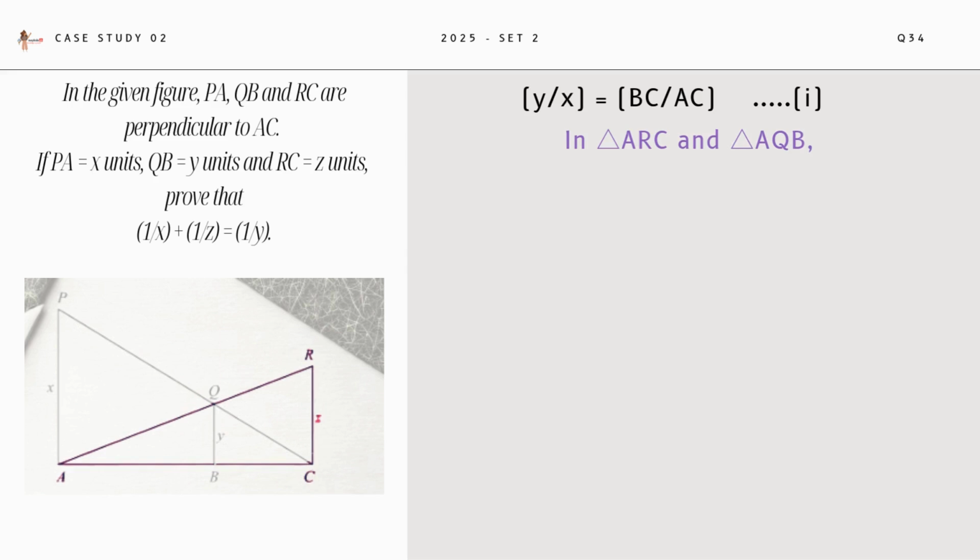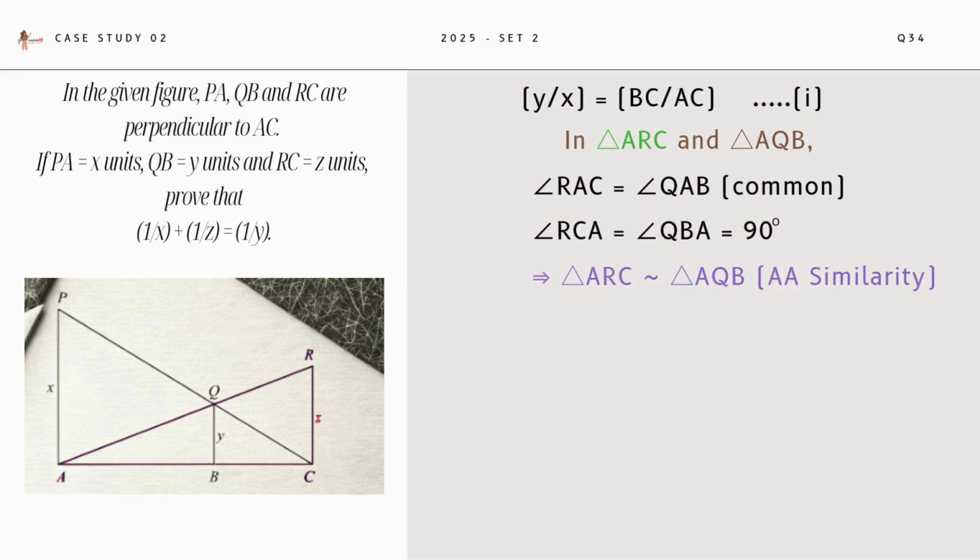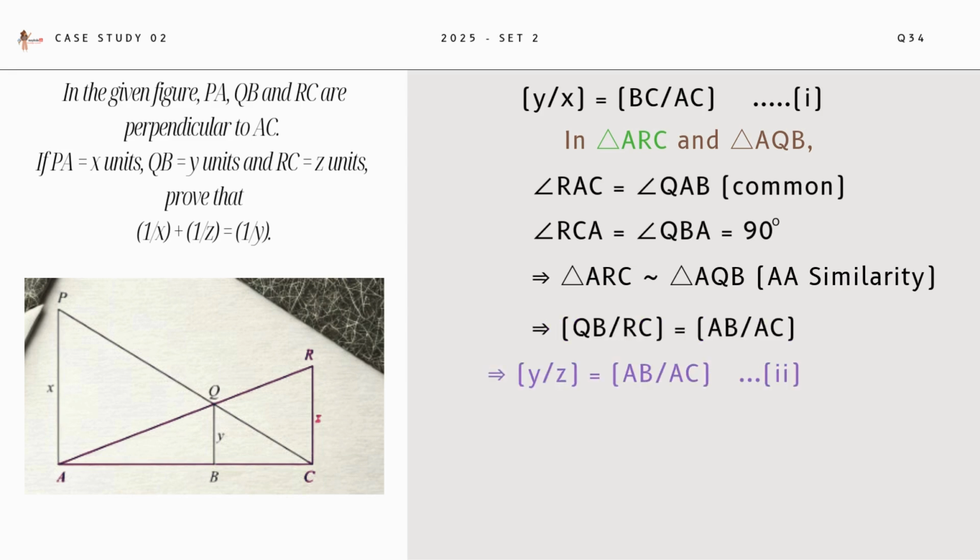Similarly, in triangle ARC and triangle AQB, angle RAC is equal to angle QAB, common angles. Angle RCA is equal to angle QBA, each equal to 90 degrees. Therefore, both the triangles are similar and thus QB upon RC is equal to AB upon AC, or we can say Y upon Z is equal to AB upon AC.